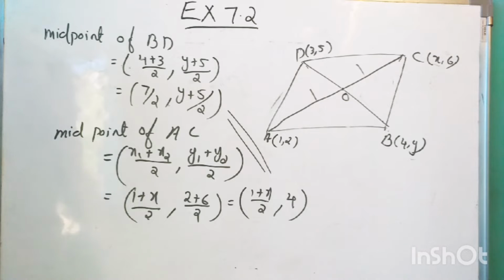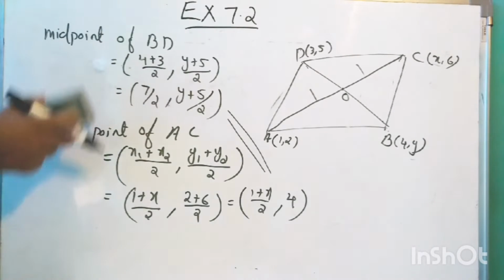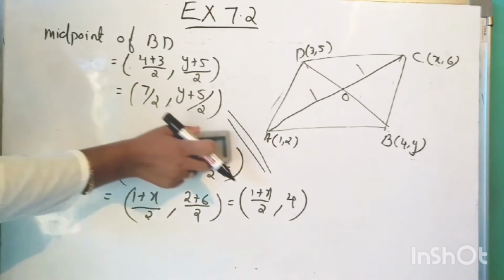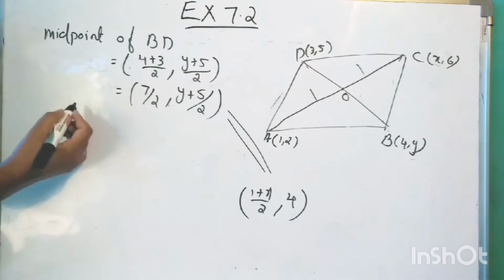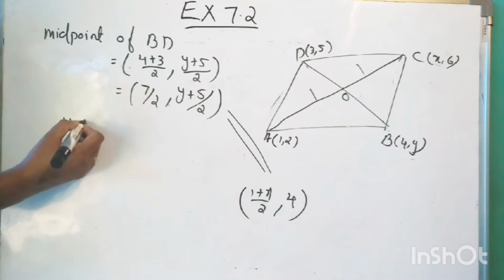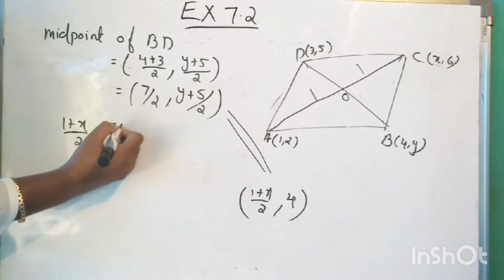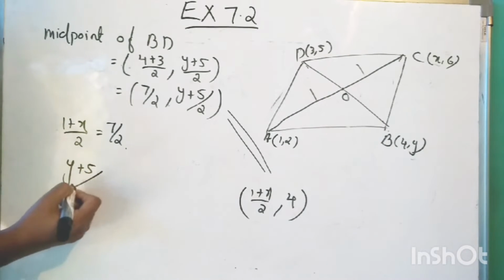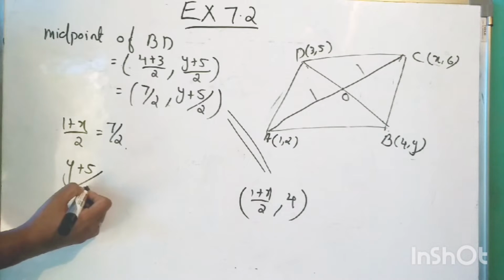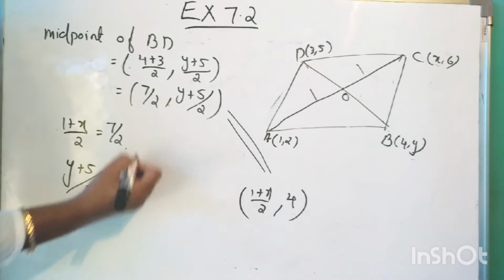Equating x coordinates, we get (1 + x)/2 = 7/2, and equating y coordinates, we get (y + 5)/2 = 4.